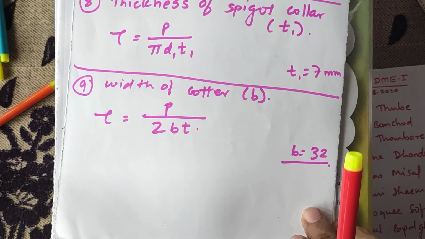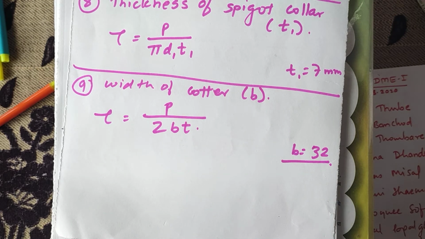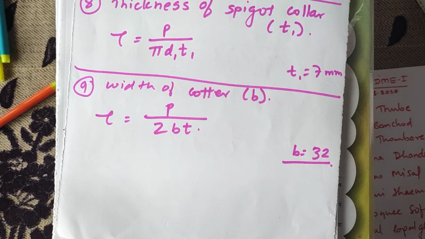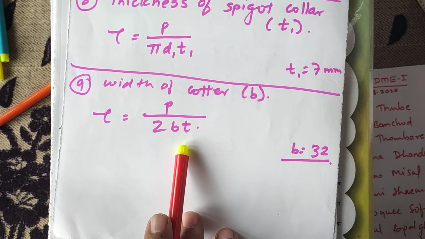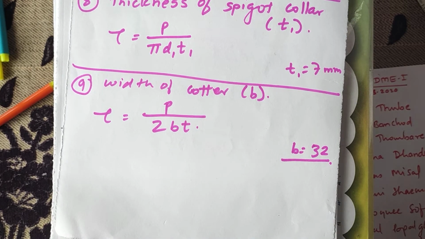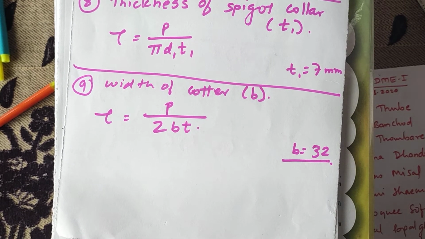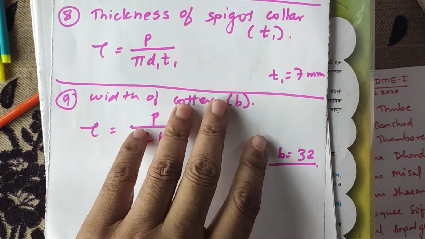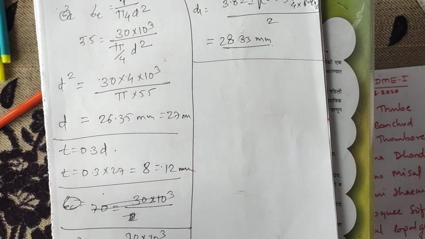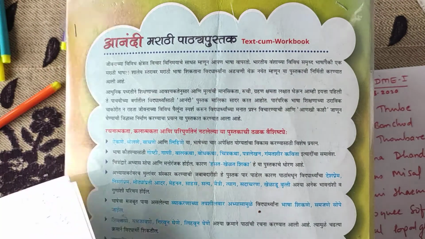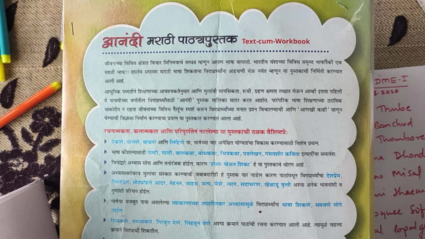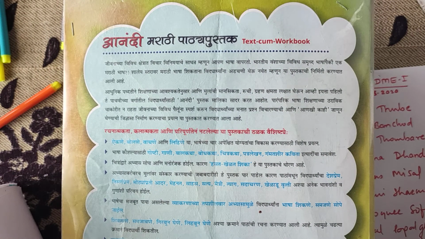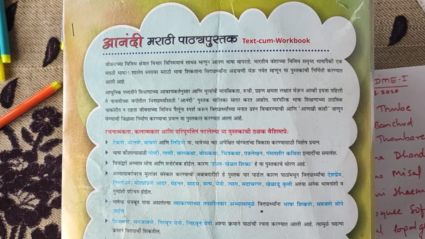The width of the cotter B, again cotter under shear, tau equal to P upon 2 times B into T. Double shear is there, so 2 is there. You will get B here as 32. So this is the ninth dimension, and the last one is bending. The cotter under bending, that you have to consider as we discussed today.